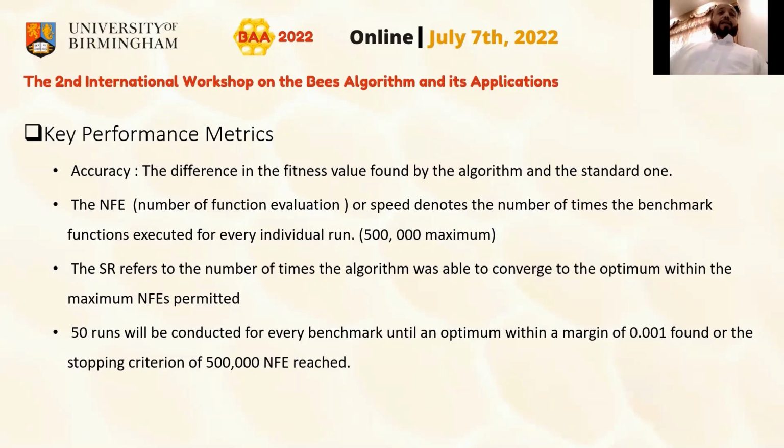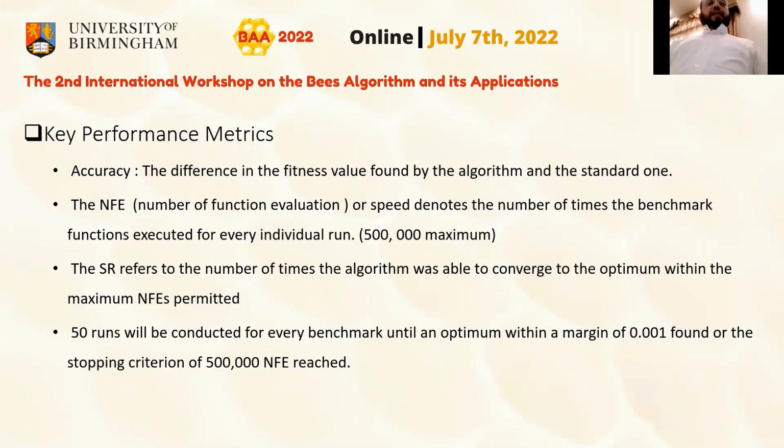The second performance metric is the NFV, the number of function evaluations, or we can also call it the speed, which is how many times the objective function or the benchmark function was executed. That's actually for a maximum of 500,000 function evaluations.